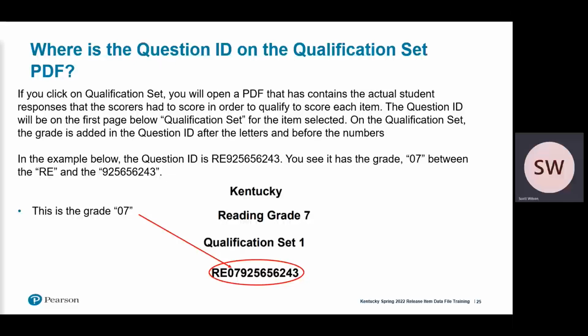Again, on the qualification set, the grade is added in the question ID, so it's between the letters and the numbers. Sticking with the same question ID that we had on the previous slides, you will see the grade 07 listed after RE and before the 925656243. So again, that question ID and the item number are the same.